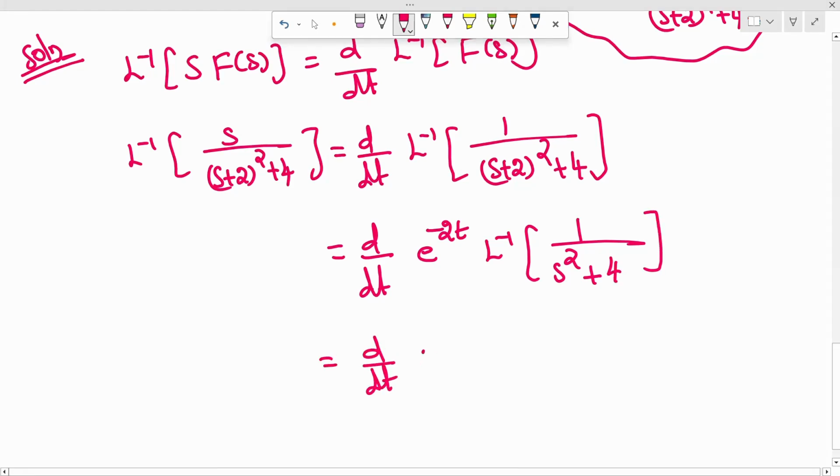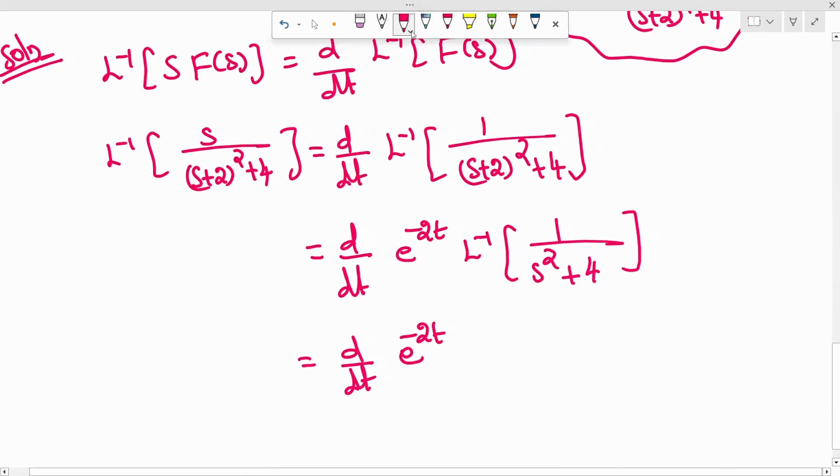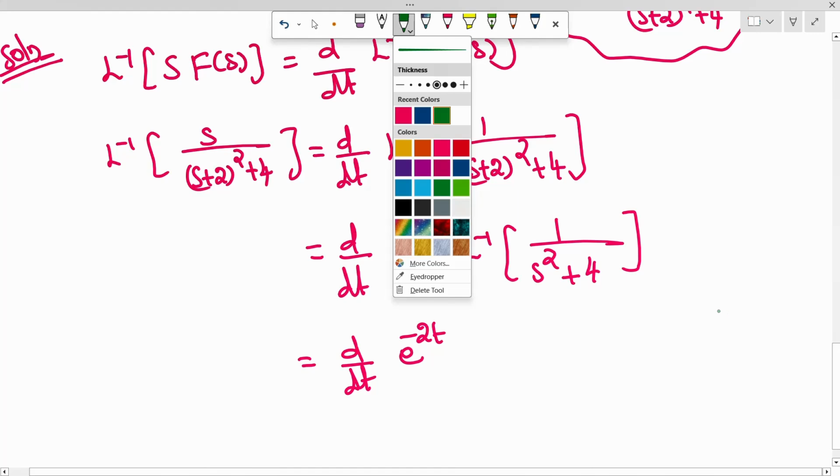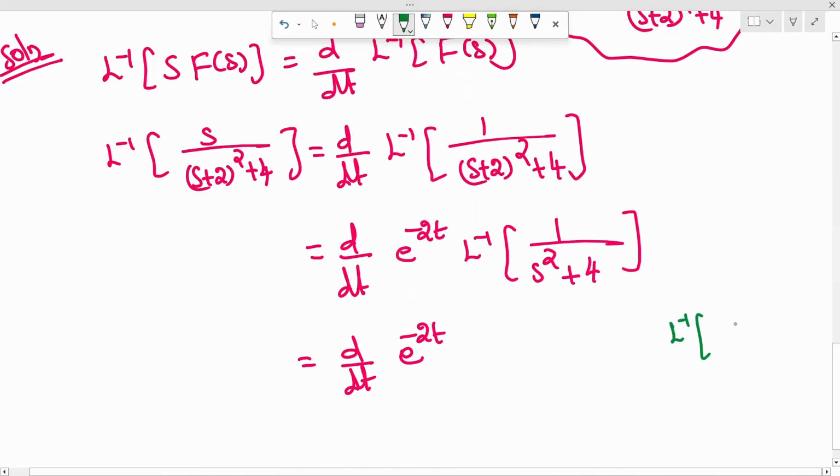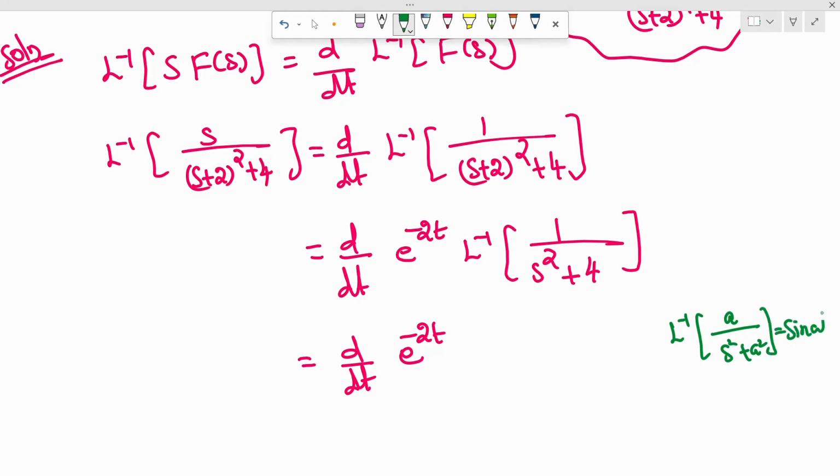d by dt of e power minus 2t into, what is the formula for L inverse of 1 by s square plus 4? In the numerator a constant term is there, which means we use the sine formula: L inverse of a by s square plus a square is sin at.